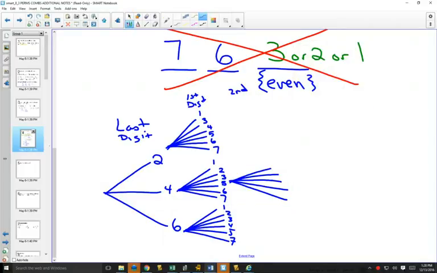If we chose the 4, then the 5, what are our choices that would be left? A 1, a 2, a 3, the 4 is gone, the 5 is gone, a 6, or a 7. That's why there's 5 choices left for our second digit. Now, this would have to be repeated off of each one of these.